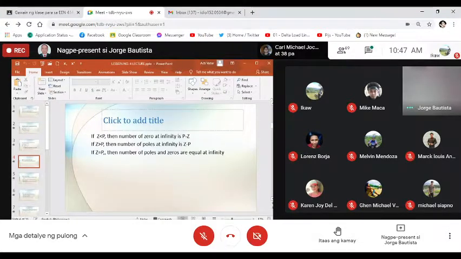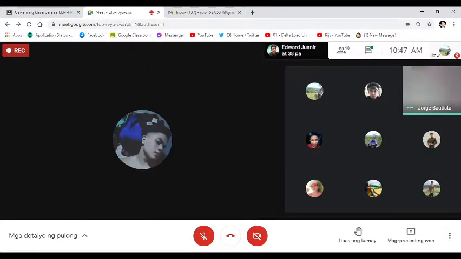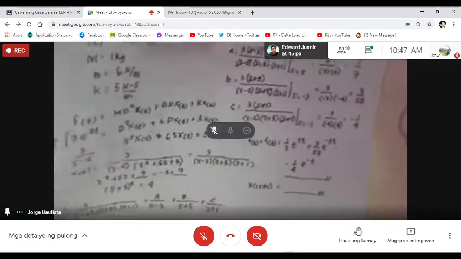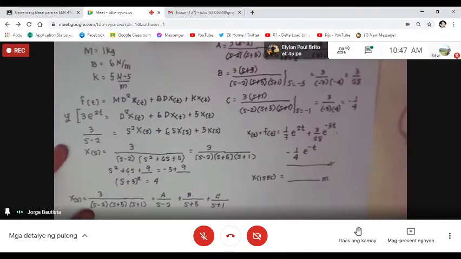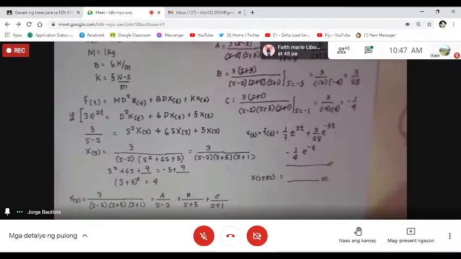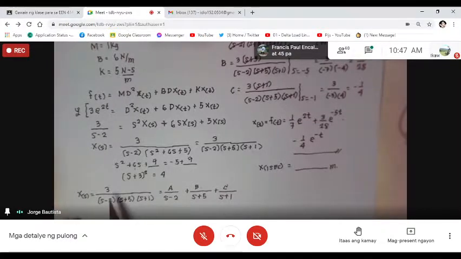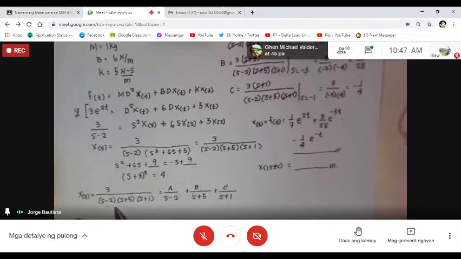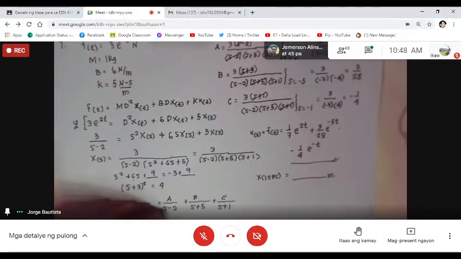This is our Laplace transform; this is actually our transfer function. Here are the poles, and here the zeros. How many poles are there? Three, since there are three roots, and you have no zeros. So the number of poles is higher than the number of zeros. Okay, back to sharing.